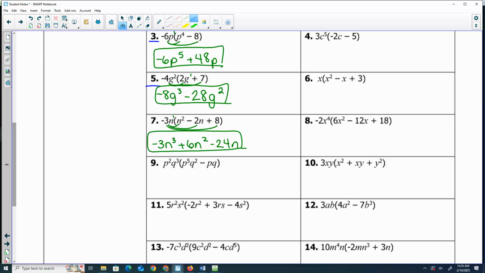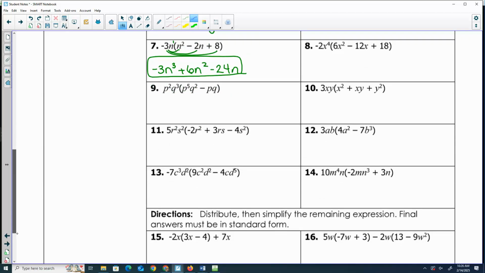Alright, and then I threw in some that have multiple variables, but that shouldn't change anything because we've already done this multiplication with multiple variables. We are still just distributing. So if I multiply these, p squared times p to the fifth will give me p to the 7. And then I put my q's together. Q to the third and q squared would be q to the fifth.